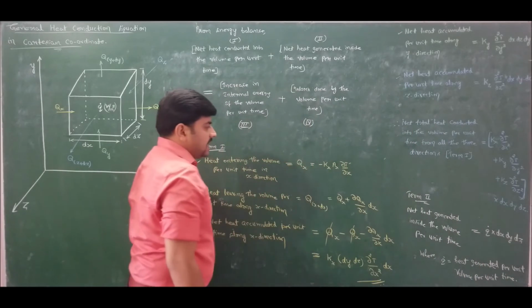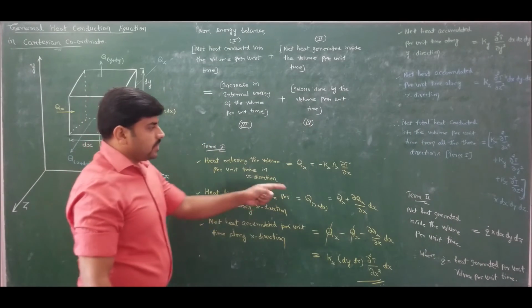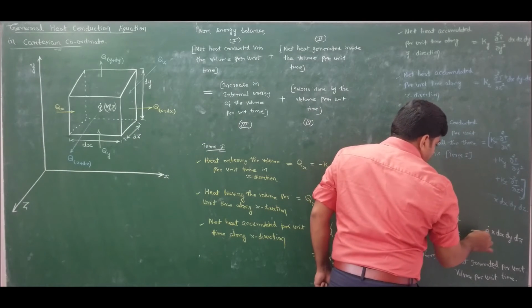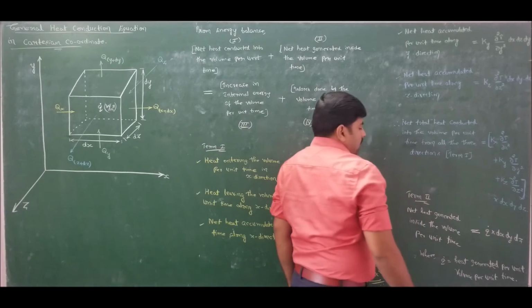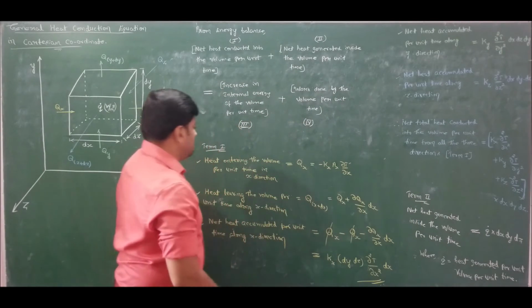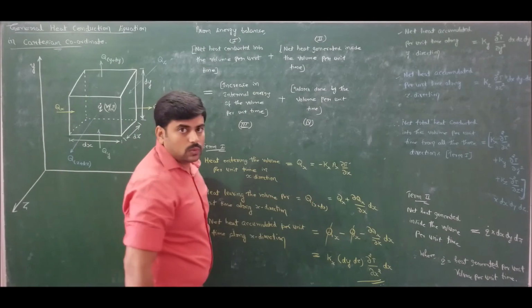So I want the net heat generated inside the volume per unit time. So therefore I multiply the volume to the heat generated per unit volume, and I get q dot into dx dy dz. So we are done with term 1 and term 2.